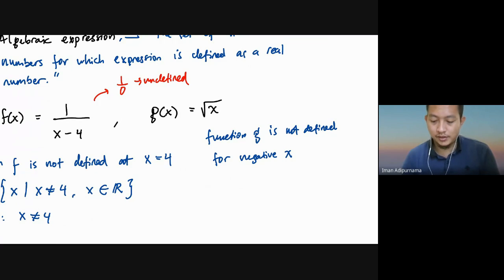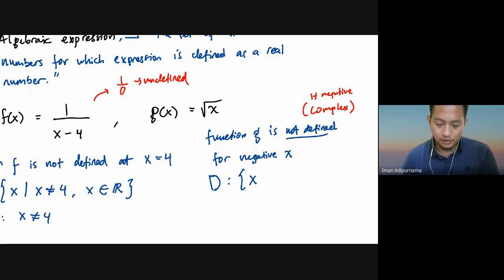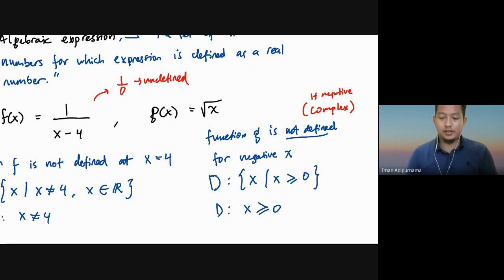Or you can say it's complex if negative. But let's just say it's not defined as a real number. So the domain will be x greater than or equal to 0, because you can have 0 as x. It's still okay. Or you can just simply write x. That's still okay too.